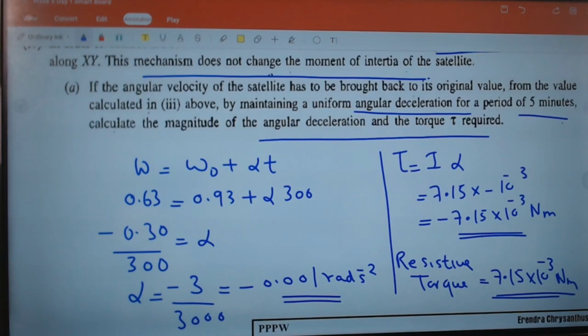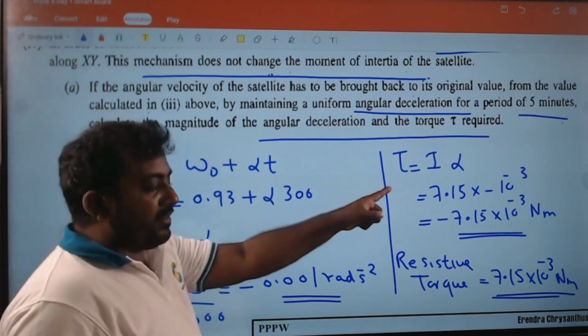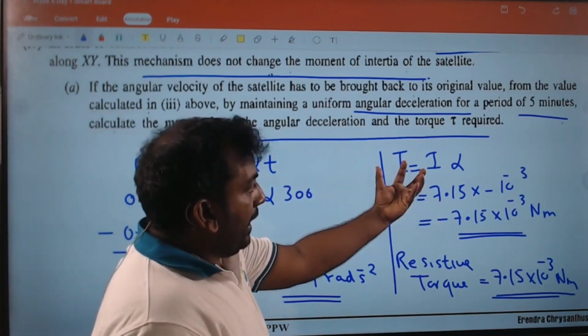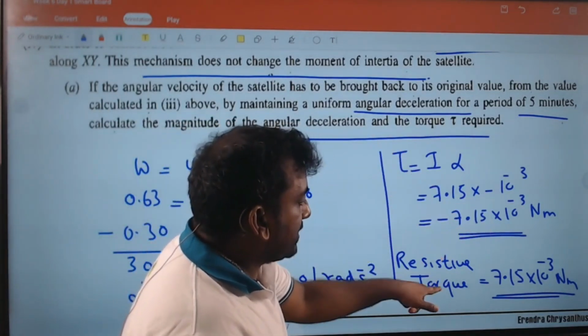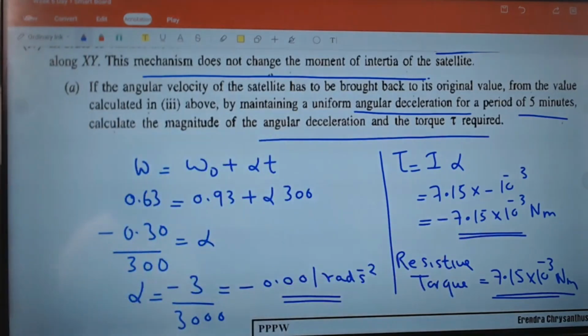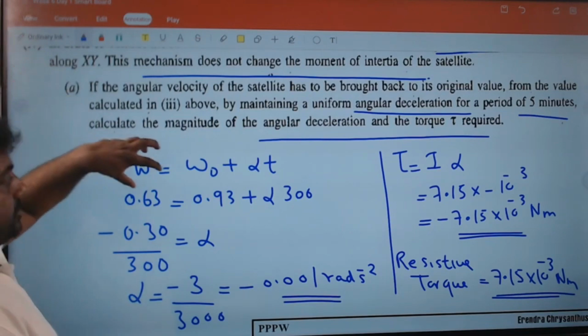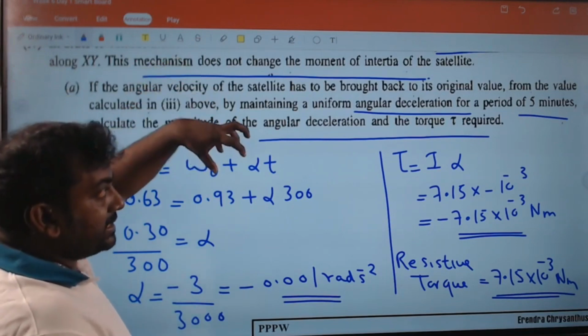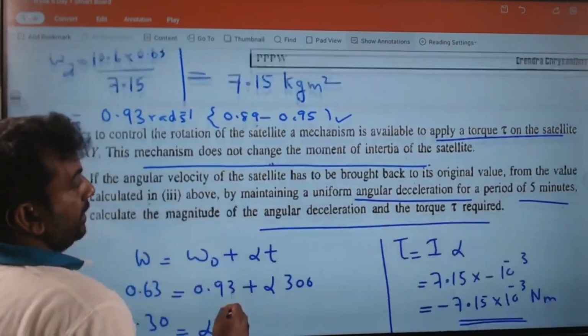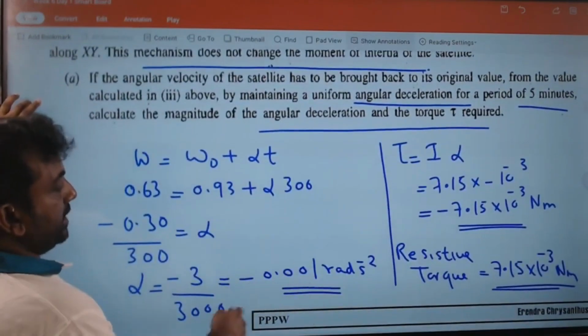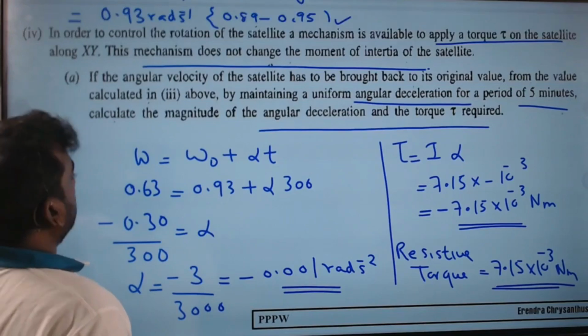So in Roman number 3, moment of inertia is 7.15; angular deceleration gives minus torque, and minus torque means resistive torque. For Roman number 3, I doesn't change, it is going to be 7.15. So for 7.15 not to change, what is your resistive torque acting? Right.